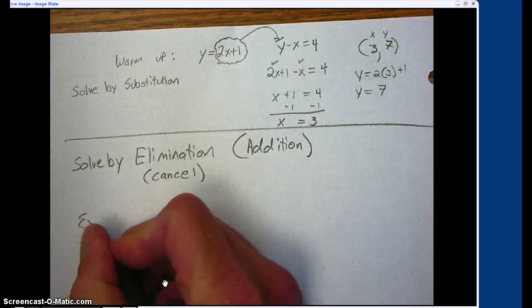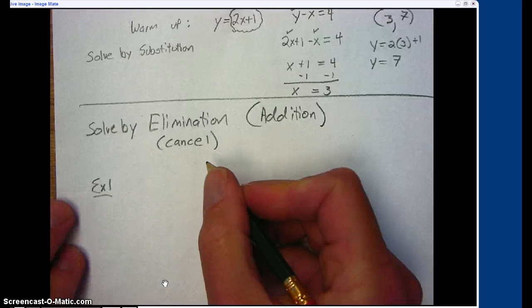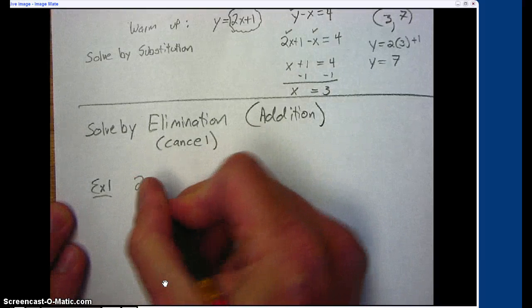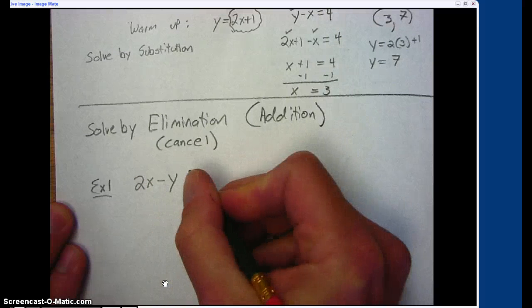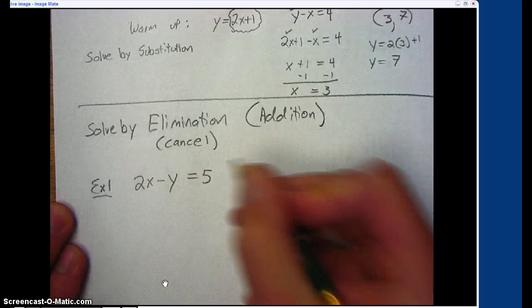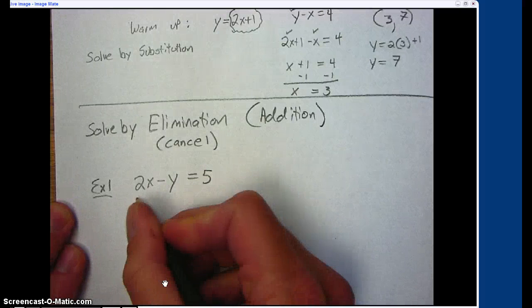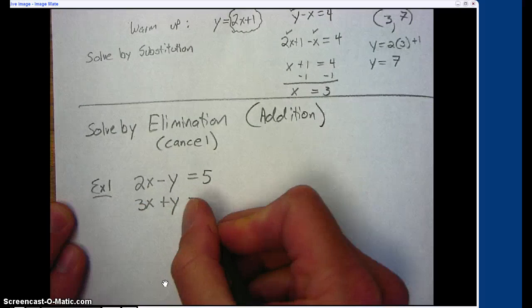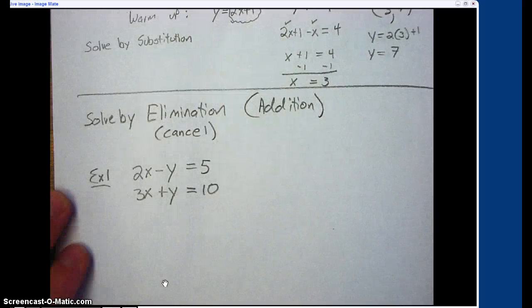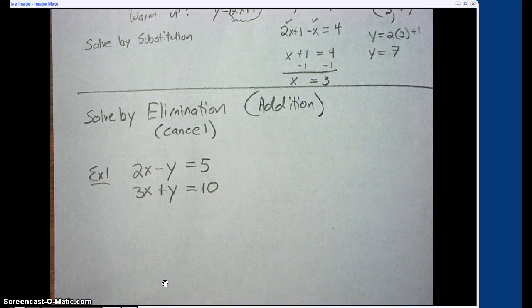So example 1, everything I write, you write, please. 2x minus y equals 5. And directly underneath it, I want you to write 3x plus y equals 10. Are these guys ready to go for substitution?